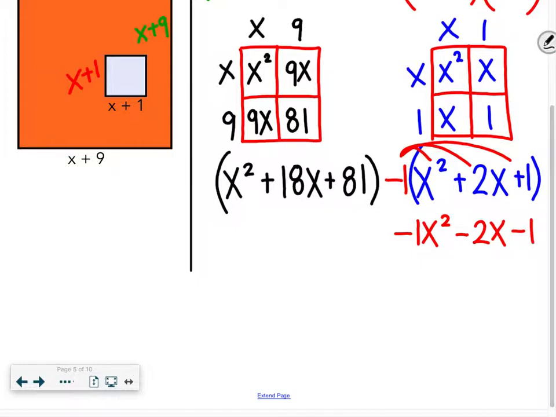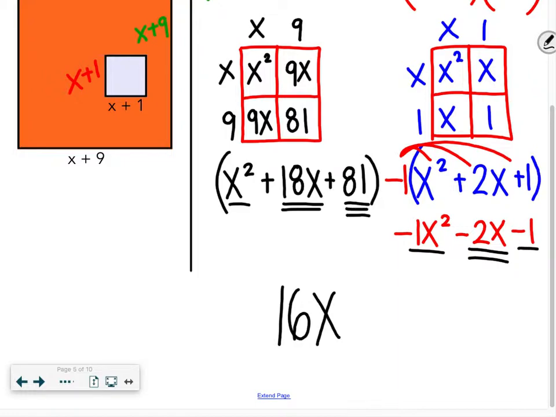Now we can combine like terms. x squared and negative 1x squared make 0. 18x minus 2x is 16x. And then 81 minus 1 is 80. So our answer is 16x plus 80.